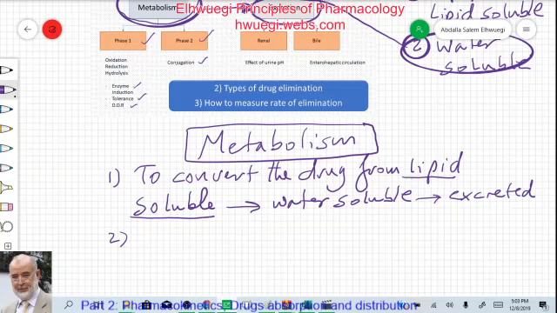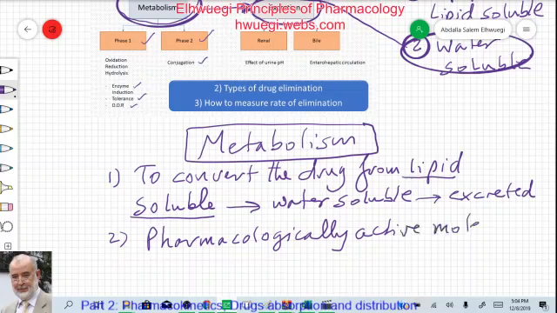The second function of metabolism, most of the time, is that it converts a pharmacologically active molecule, a molecule which has pharmacological activity, to inactive molecule or inactive metabolite.